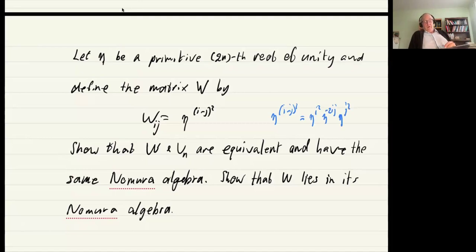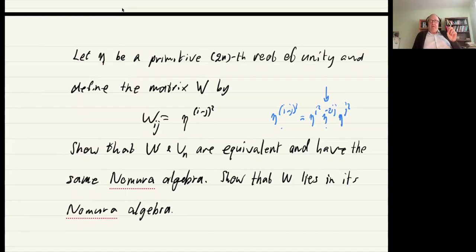So what that's saying is that this in the middle is a Vandermonde matrix using eta squared as your generating element. And these are diagonal matrices, invertible and unitary because the entries are roots of unity. So what that's telling me is that this Vandermonde matrix is equivalent to this. Okay, so these are equivalent type 2 matrices. And this is a circulant.